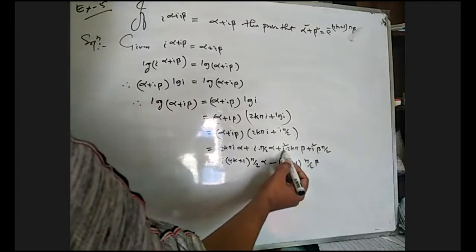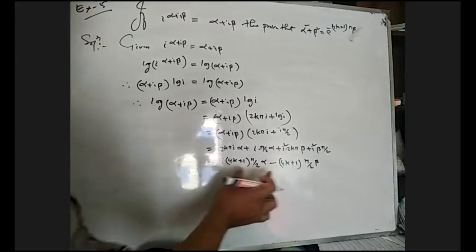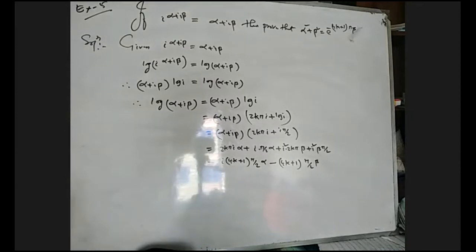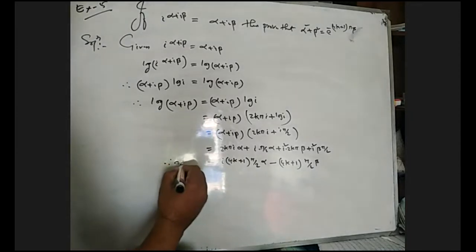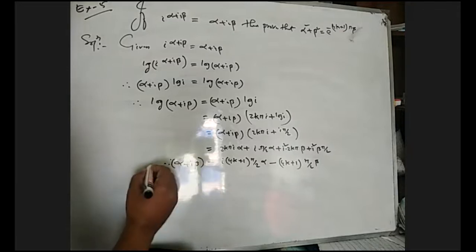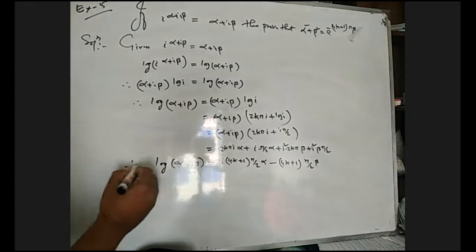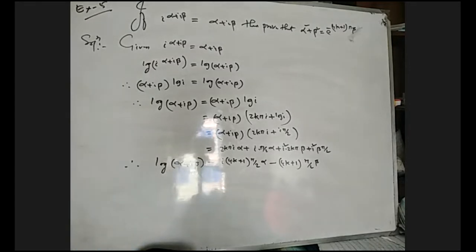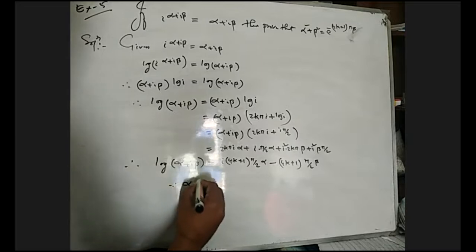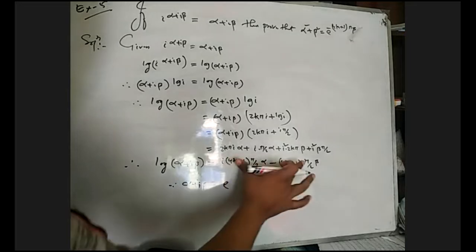And this i square also minus 1. This is why minus is common. Now this is the real part and this is the imaginary part. So this was log of alpha plus i beta.